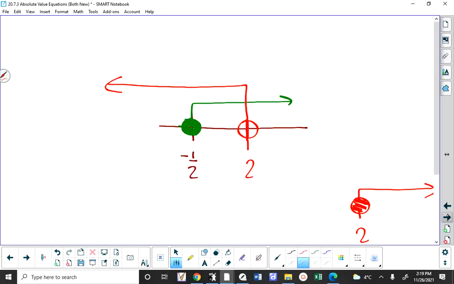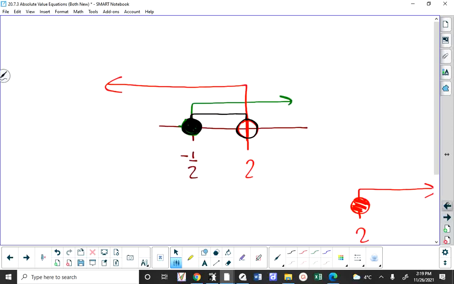So really, for 1b, it's that. It's got to be a number that's greater than or equal to negative 1/2, but it's got to be less than 2. So if you get a number in that domain, it would be valid.